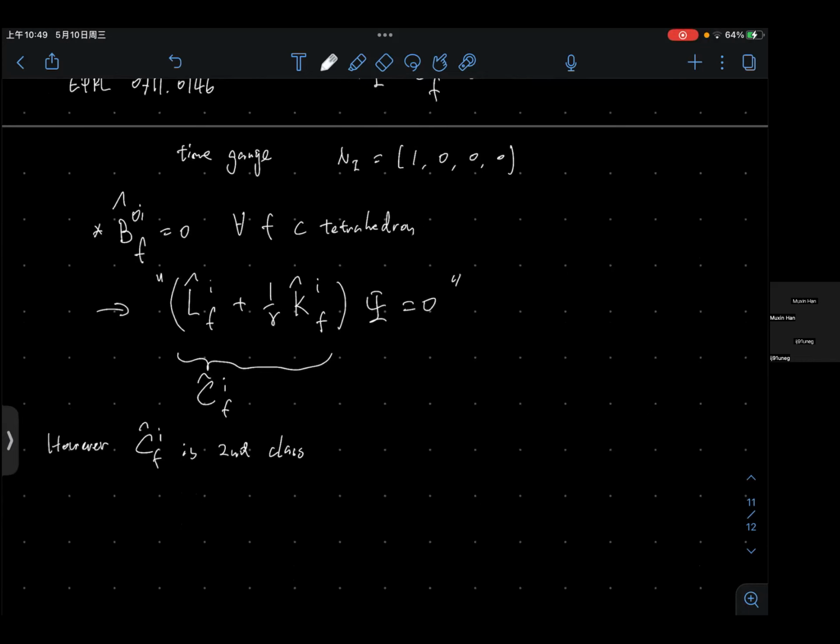You can check by yourself that this is indeed second class. You can compute the commutator on the same face, and what you get is something like epsilon_{ijk} L^k. Obviously the right-hand side is not a constraint anymore. Classically, this is not vanishing on the constraint surface.